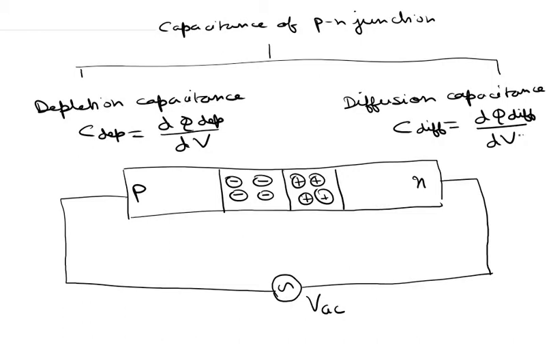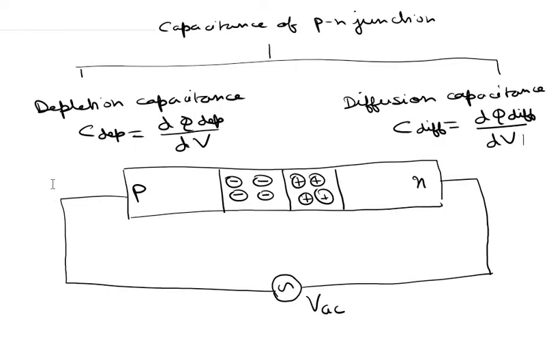In this case also, if the applied voltage changes very fast such that the depletion charge and the diffusion charge cannot get enough time to adjust, then the diode basically behaves as a short circuit.